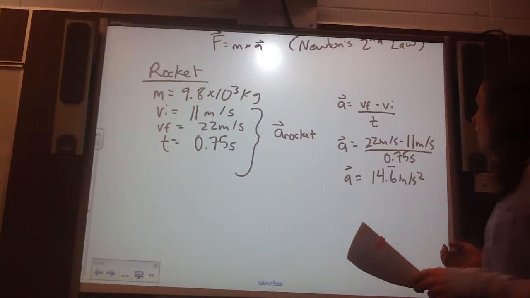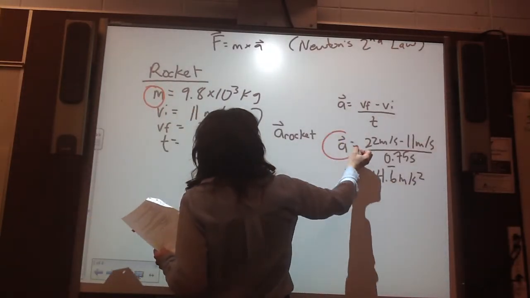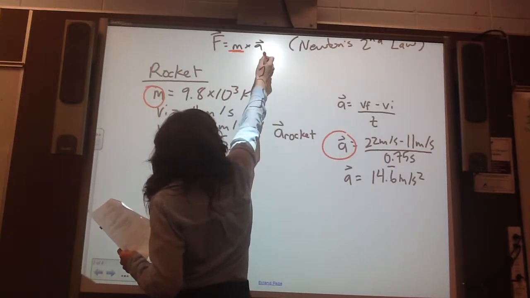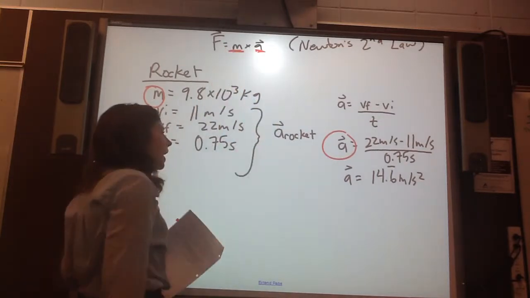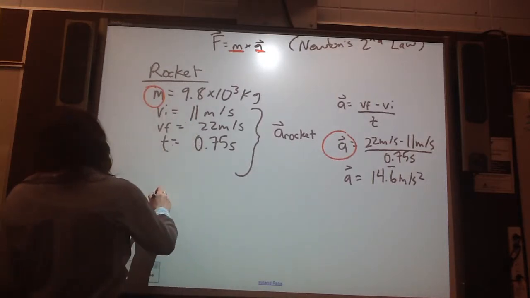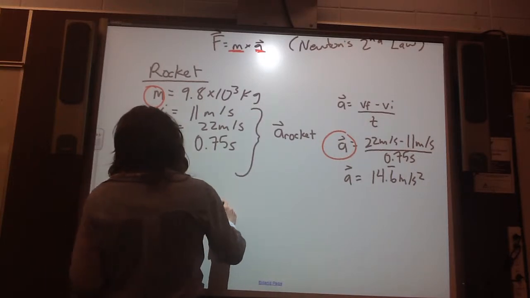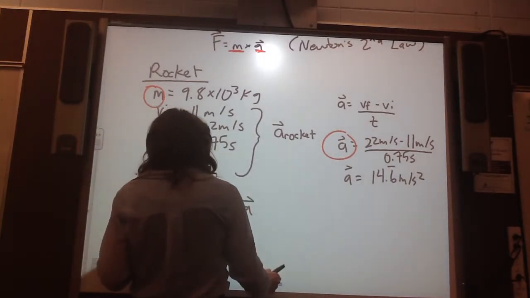So now I can take the mass of my rocket and the acceleration of my rocket to find my F net of my rocket. F net is equal to m times a.